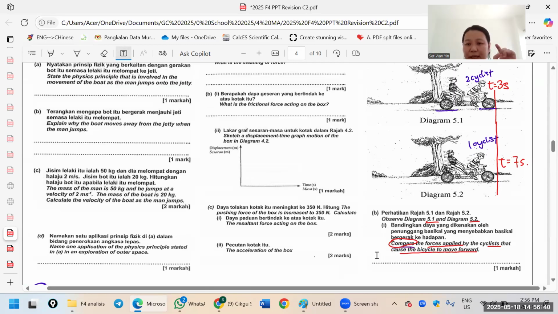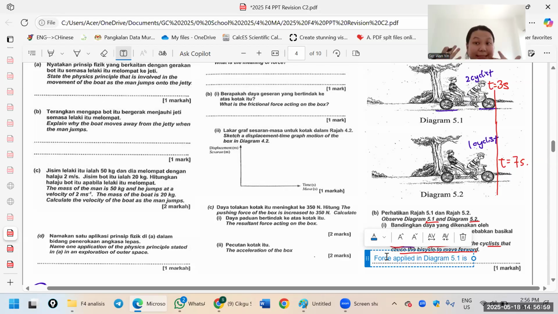Please copy back force applied in diagram 5.1 is your answer.